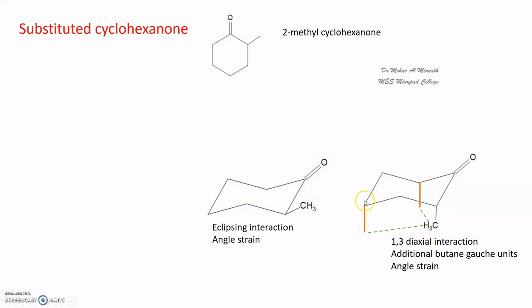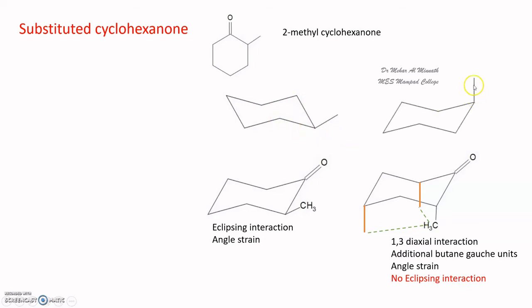Now when we look at the energy of these molecules, what we find is, when we compare with methyl cyclohexane, in methyl cyclohexane there is no eclipsing interaction, there is no angle strain, when the methyl group is in the equatorial orientation, and there will be no additional gauche butane units. So in the equatorial form, methyl cyclohexane will be equivalent to cyclohexane.